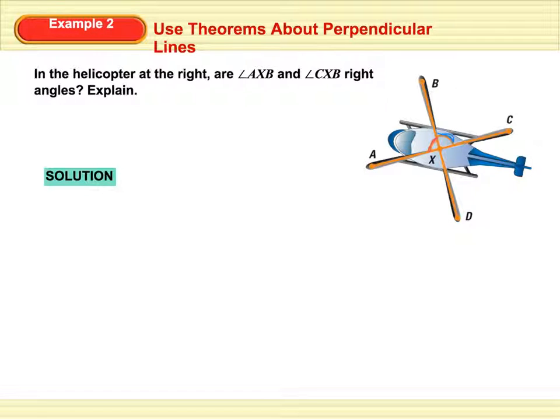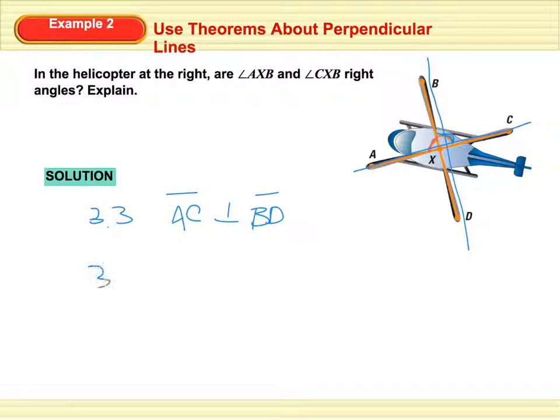So we know theorem 3.3 says that if AC, which is this line here, and BD intersect to form adjacent congruent angles, meaning these four angles are adjacent and they're congruent to each other, then line AC and line BD would be perpendicular to each other.